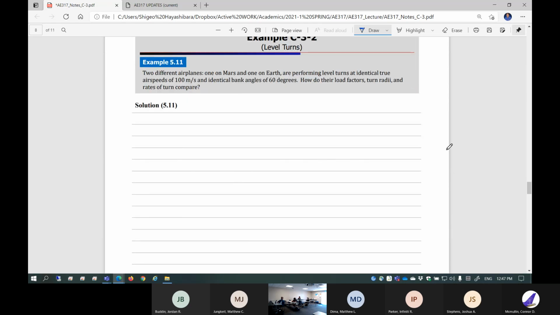This is actually easy. Now one is fictitious, of course, the airplane on Mars. Well, this is just the idea of Air Force Academy people. Load factor is the inverse of cosine of bank angle phi. So inverse of cosine 60 is 2. So this is a 2G level turn.